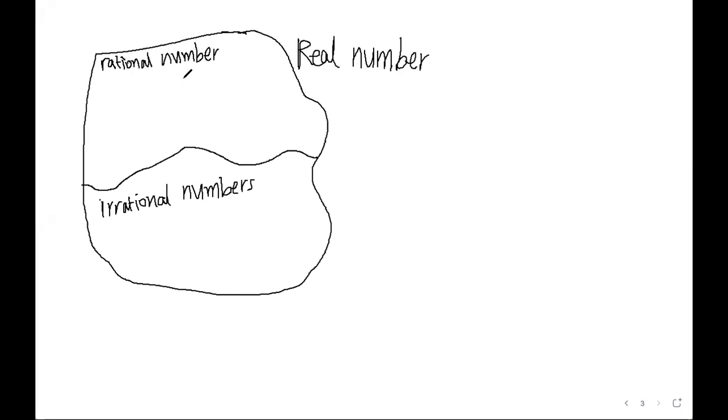Inside the rational numbers, we have another set, the integers. Why are the integers inside the rational? Because a rational is a ratio of integers. Inside the integers, we have a small set, I'll draw it here. It's called natural numbers.